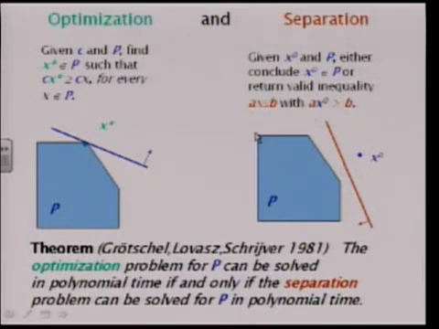Do you agree? Because this is a polyhedron. If you want to know whether it's inside or not, you're trying to verify a bunch of inequality constraints. It's just a constraint verification type of problem. And I believe you can write a program that works efficiently for the separation problem.